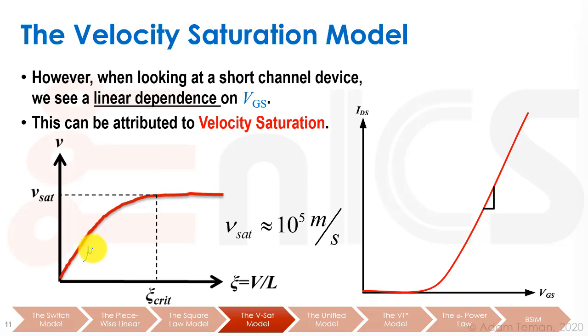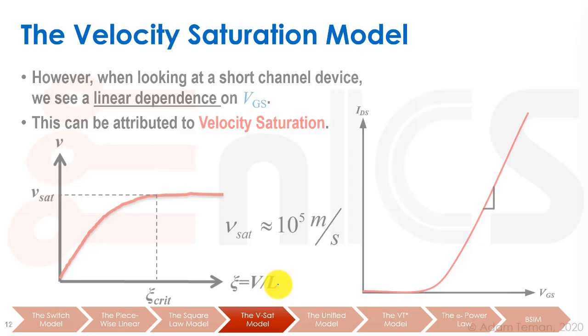So this is a graph of the mobility. As we go up, once we pass some point which we call the critical field, we get a saturation in the velocity. That happens at about this VSAT. The saturated velocity is about 10 to the 5th meters per second. Remember that the field is the voltage over the length.